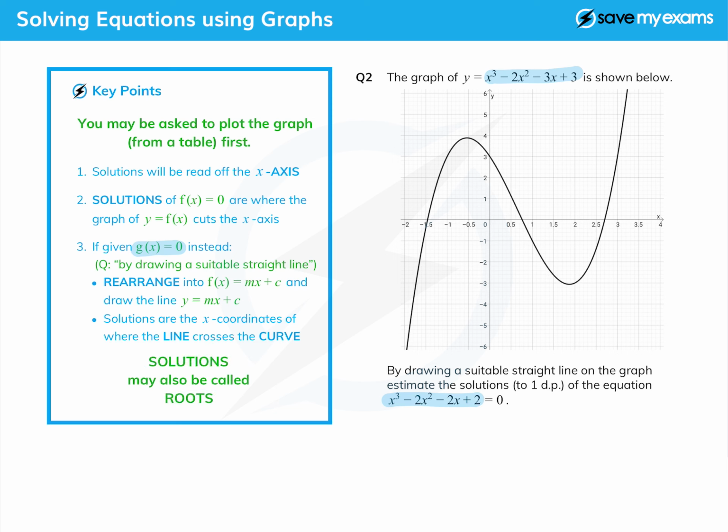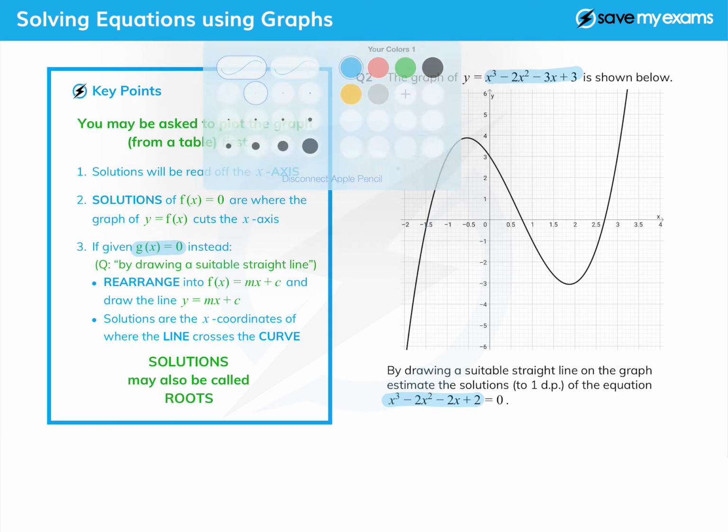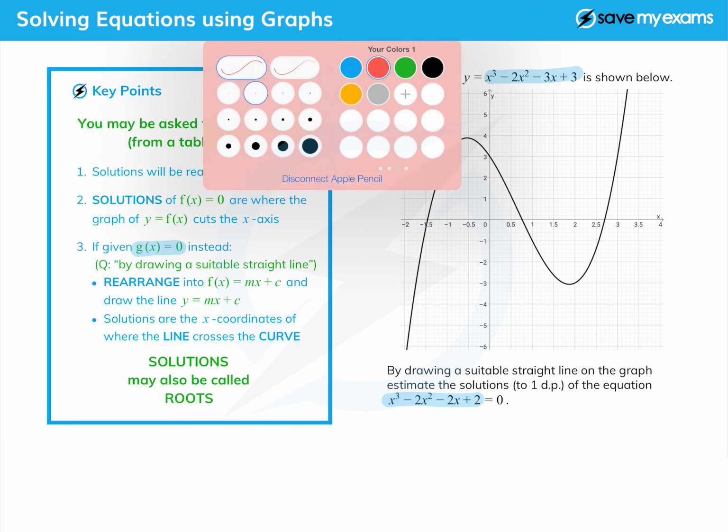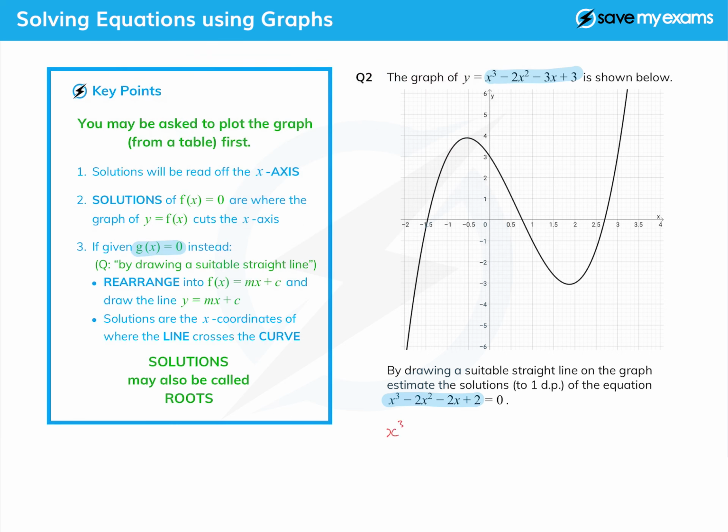Okay, so let's see what we're going to do here. We're going to take the highlighted equation at the bottom and make it look like the function we've got at the top. So what we actually want is, and it's quite a good idea just to write it down, x cubed minus 2x squared minus 3x plus 3 equals something.